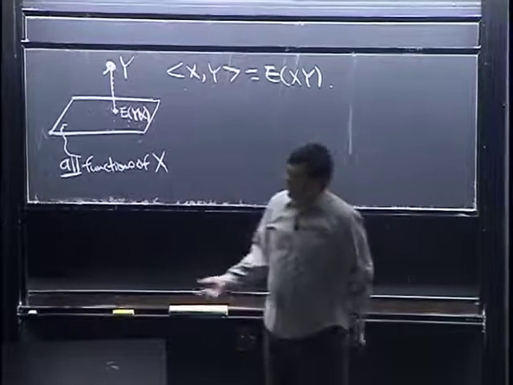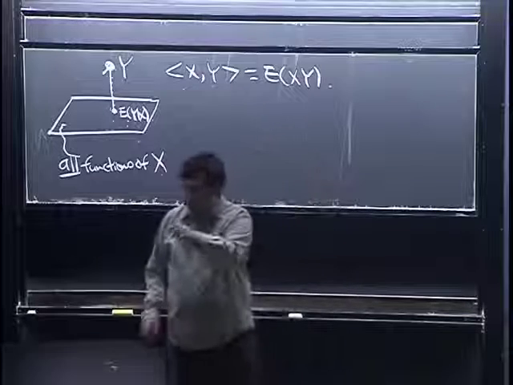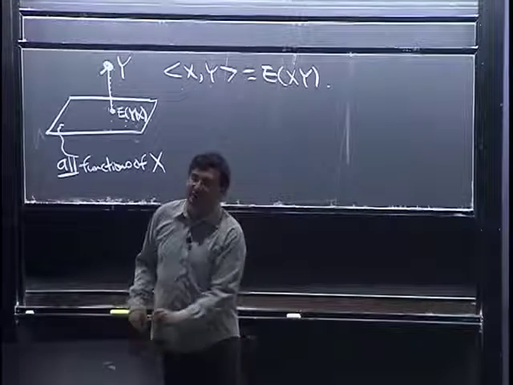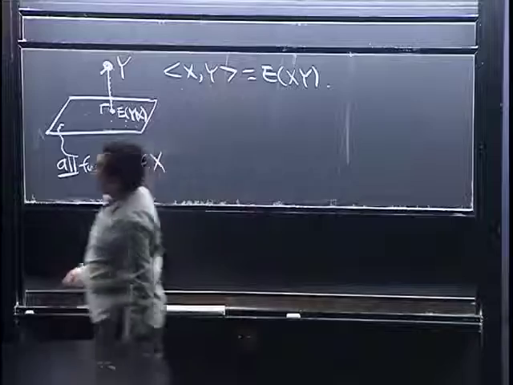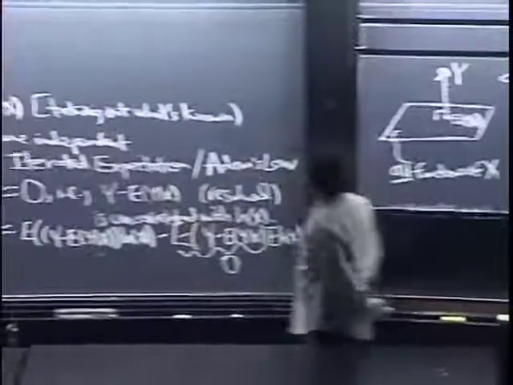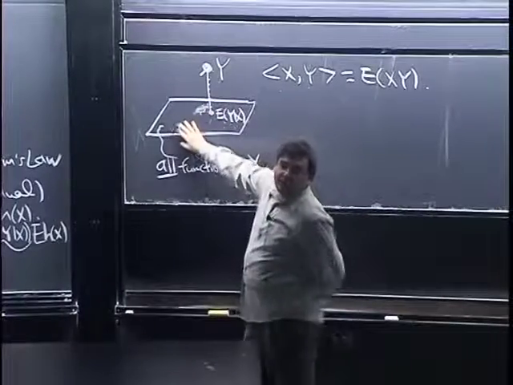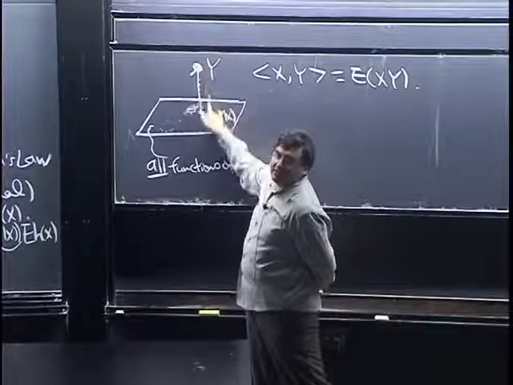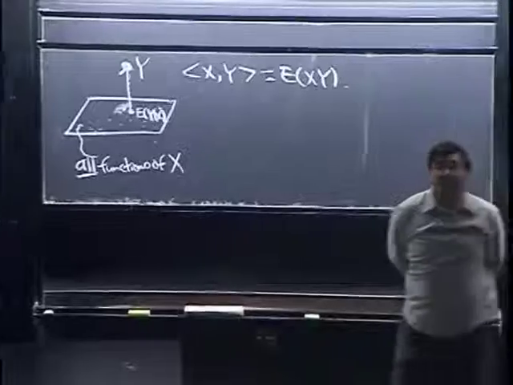And just from projection, you know how if I have a point above this table and I want to project it down, I'm going to go perpendicularly down till I hit the table, right? So it's perpendicular. So all number 4 says in this picture is that this vector from here to here is perpendicular to the plane, right? So take any function of x, and this residual is going to be perpendicular. So that's what it says geometrically.